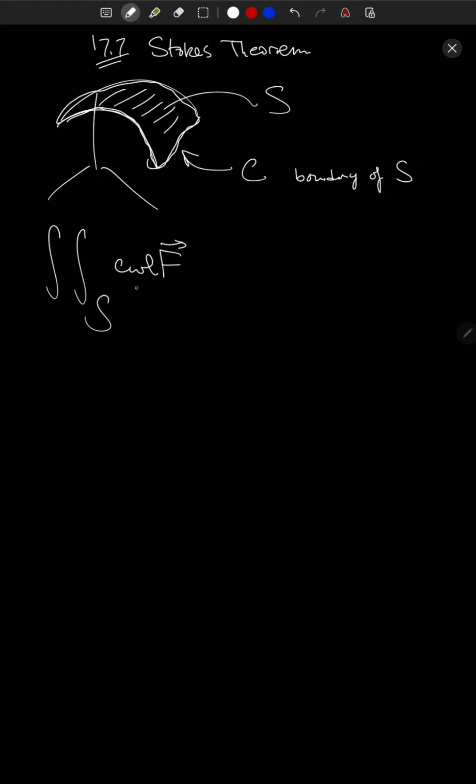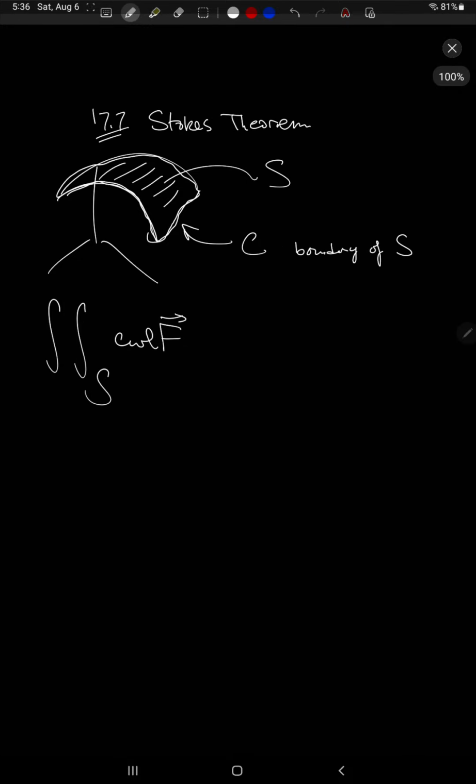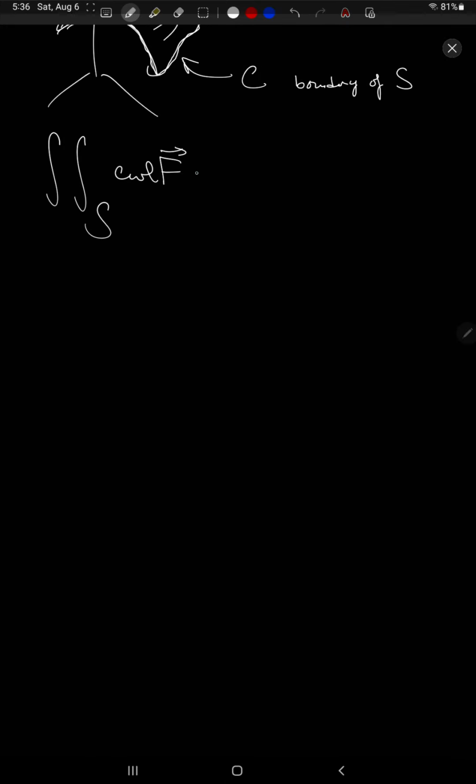But of course, in the previous section, the way we presented Green's theorem was just a double integral over a region of curl dA, right? Because it was just in a plane. But now the curl is a vector field, and so you can't just integrate this. It wouldn't even make sense.